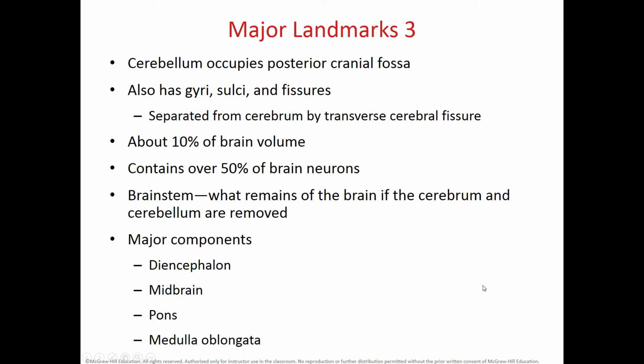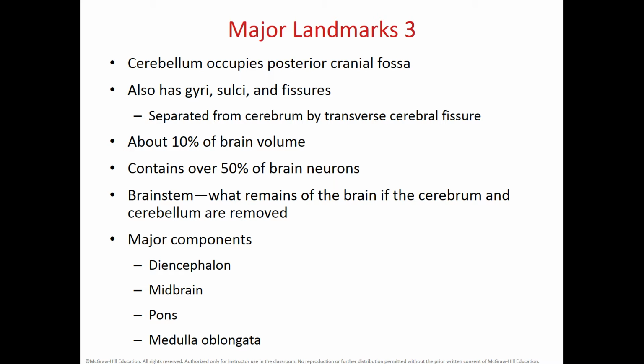The cerebellum occupies the posterior cranial fossa on the inside of the occipital bone. Similarly to the cerebrum, it also has gyri, sulci and fissures, but these are less deep. The cerebellum is separated from the cerebrum by the transverse cerebral fissure.